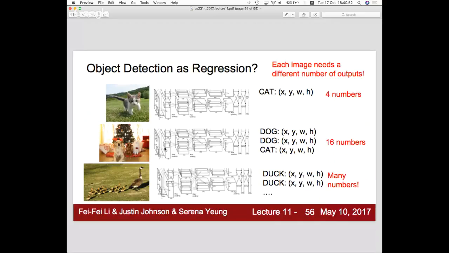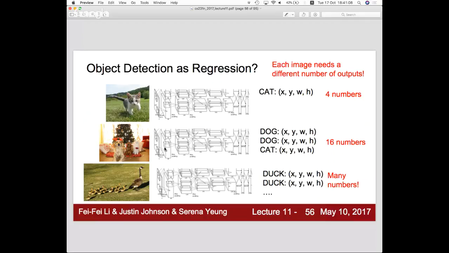Each image needs a different number of outputs, which is what I was saying just now. So this case by itself really hints, but we all know that this CNN only runs through once and gives you a single set of output.